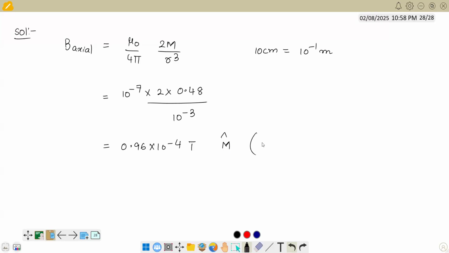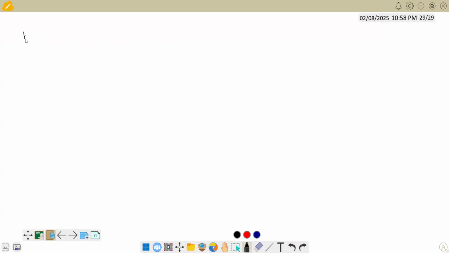That means the direction is south to north pole. If this is my magnet, the direction of m cap would be south to north. Whatever is the location, the direction of this field would also be south to north only. In simple terms, you can say it is the direction of m cap.